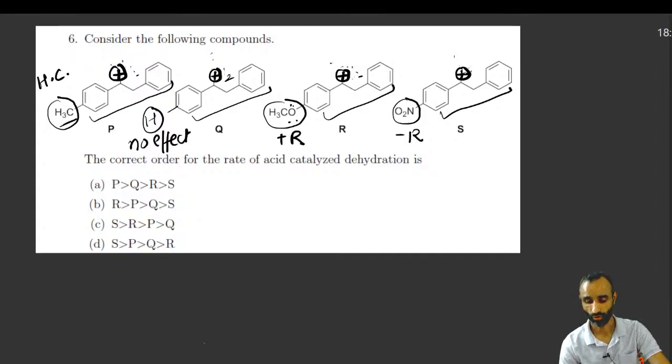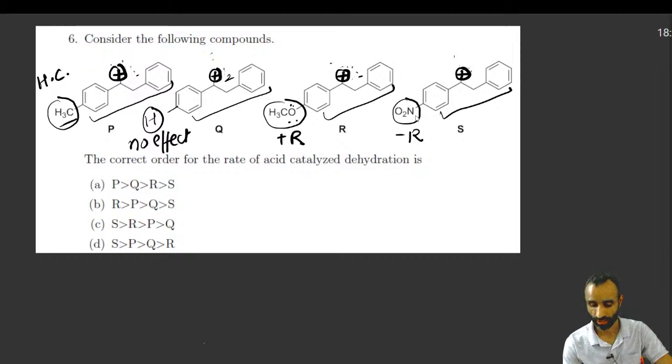So now, which carbocation is most stable? Obviously, the groups which have more plus R effect, means more releasing effect, make the carbocation more stable.